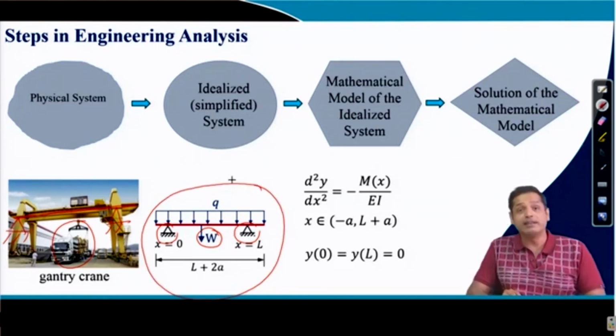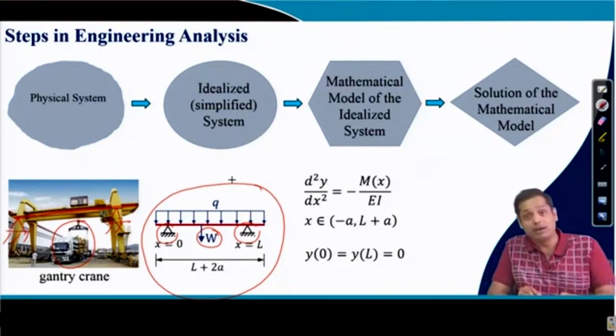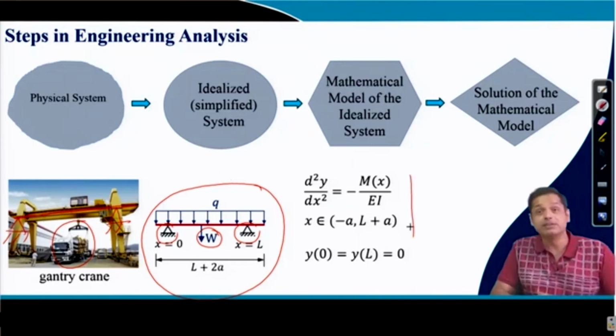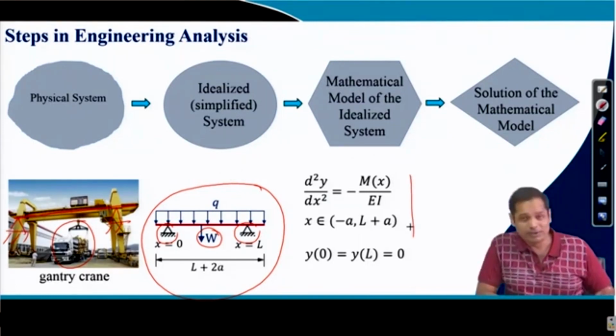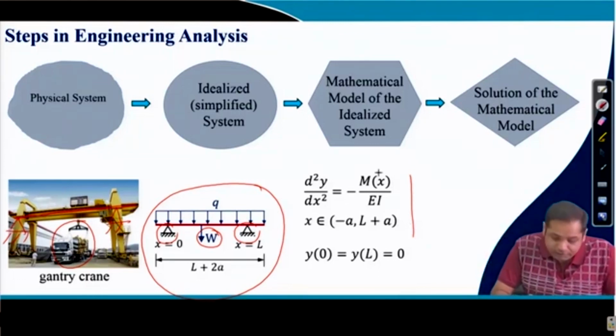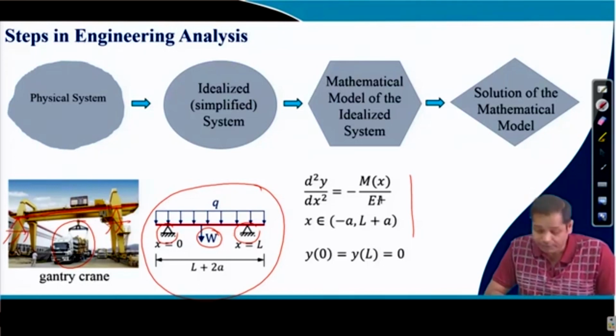Now once we have this idealized system, we need to represent this system through equations, right? And this is the equation. You are all familiar with this equation, the Euler-Bernoulli equation of elastic lines. You have already seen it. Here M is the bending moment, which is a function of x, E is the Young's modulus of the system, and I is the second moment of area of the cross section.